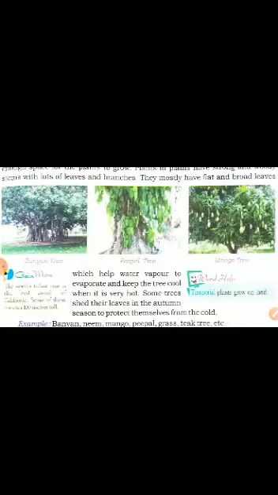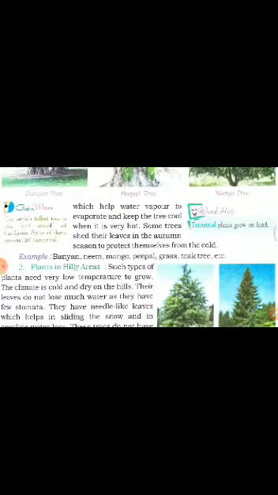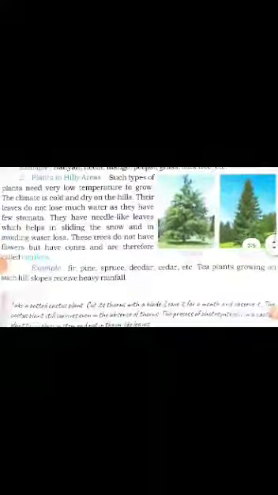And the third one is mango, of course, the pride of Lucknow, right? We all know it's very near to our houses also. Many of us have mango trees in our houses, right? Okay, see examples: banyan, neem, mango, peepal, grass, teak tree. They are all found in plains.